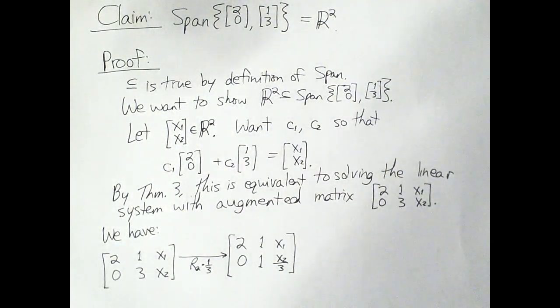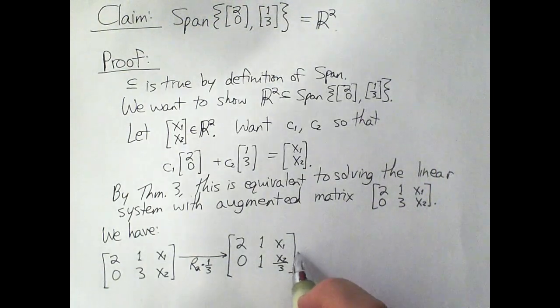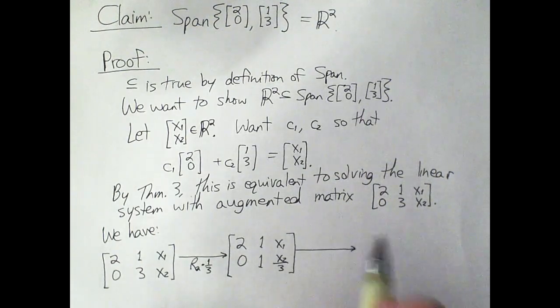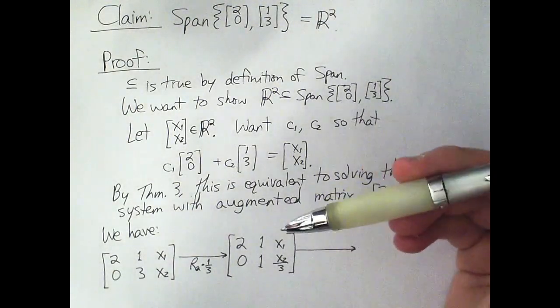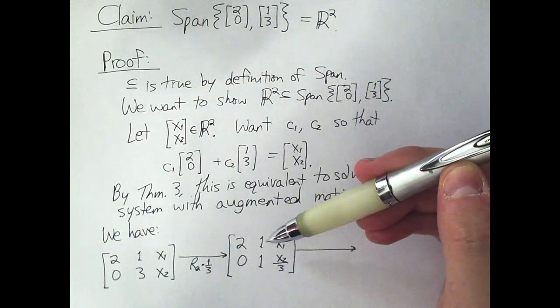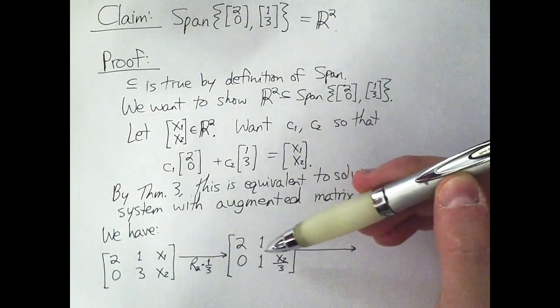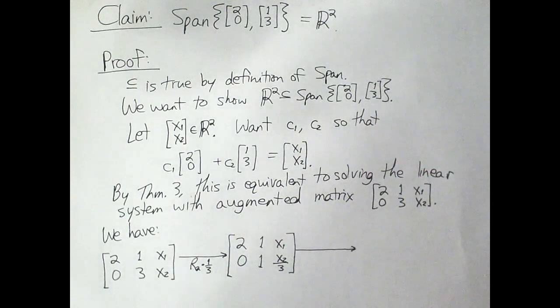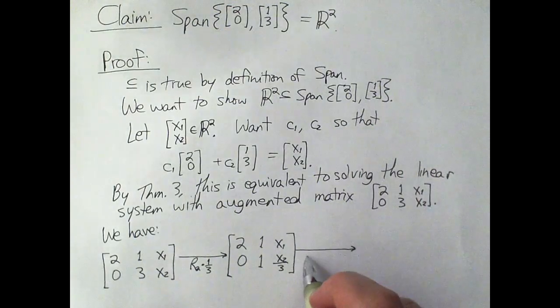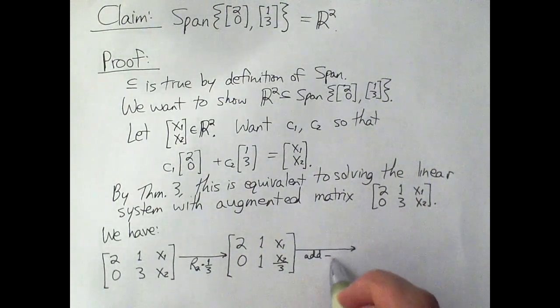Next, we're trying to do Gauss-Jordan elimination, to get this into reduced row echelon form. So what would be a good step here? How about we try to get rid of this 1 that's up here? We've got a 1 in the first row that we'd like to be a 0. We could do that by subtracting row 2 from row 1, like add negative R2 to R1.